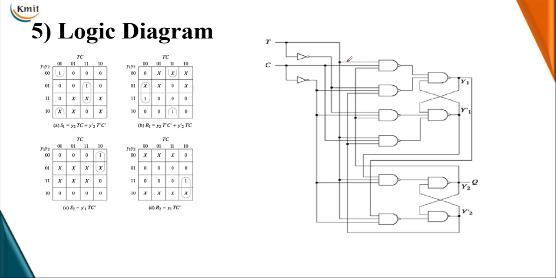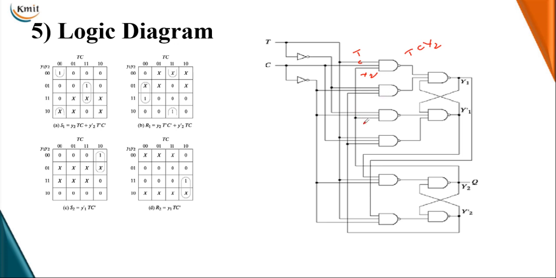So now T is connected to one of the inputs of this, and the input is coming from your C input, and this is coming from the output of your Y2. So hence the first AND gate will give you the product of TC into Y2.